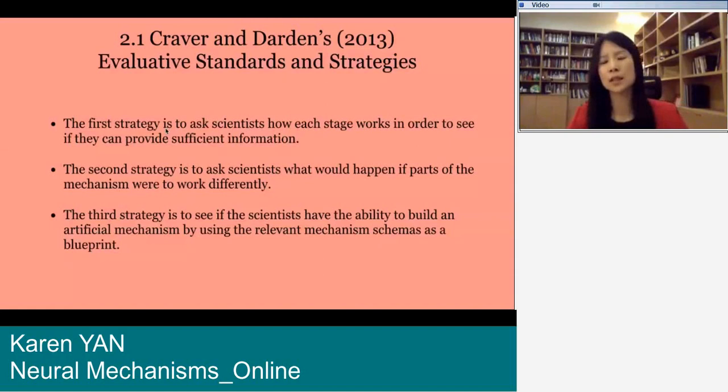Now this slide is to remind you that in the case of completeness, Craver and Darden propose 3 strategies we can use. You can ask scientists how each stage works, ask them what would happen if parts of the mechanism were to work differently, and you can see whether they can build an artificial mechanism based on their causal representation.